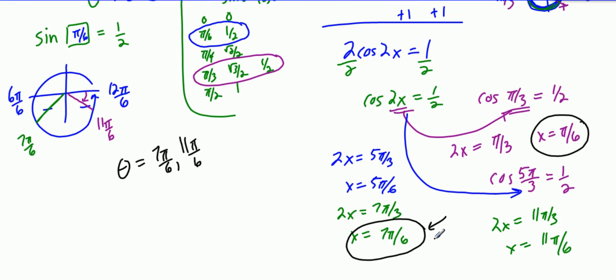Because you're going twice as fast, every time you go pi radians, you're going to do a full rotation. So you're going to go up and down this one here. Every k pi, you're going to get a valid answer. And similarly, if you look at the 5 pi over 6 here and the 11 pi over 6, they're also 6 pi over 6 apart, which is exactly pi.